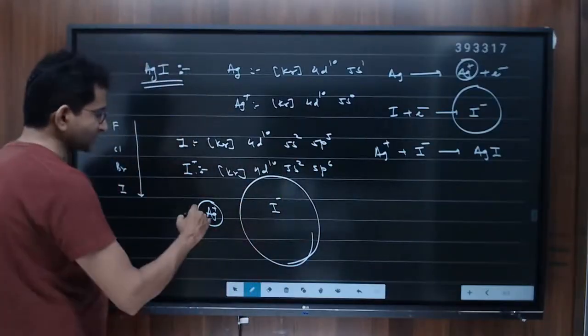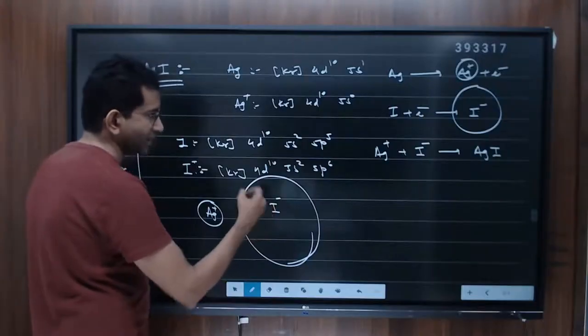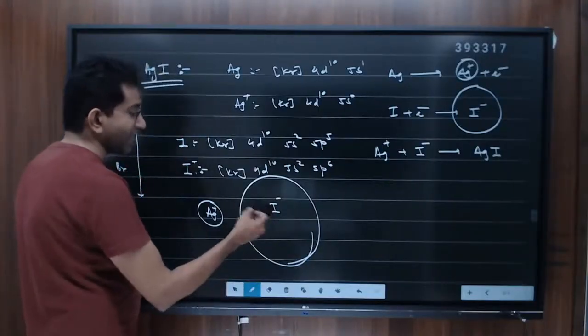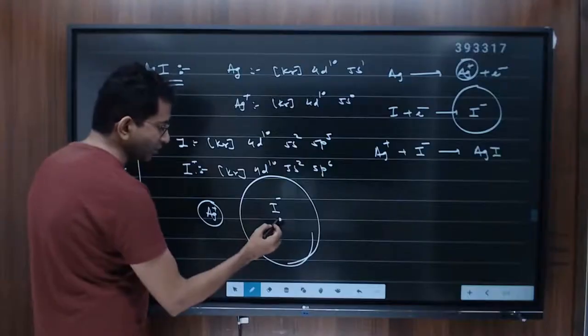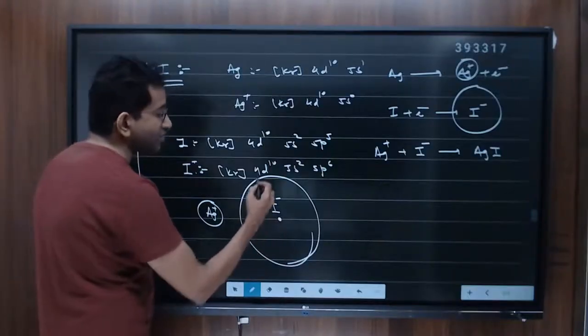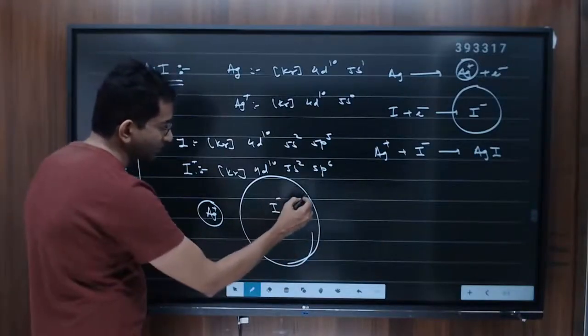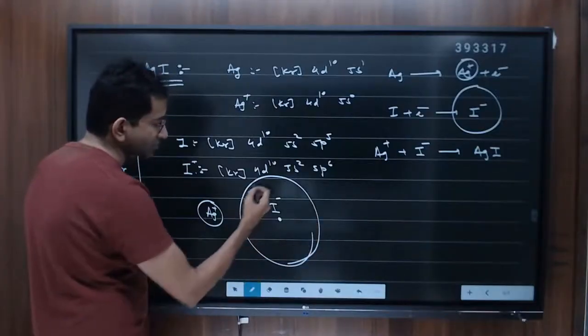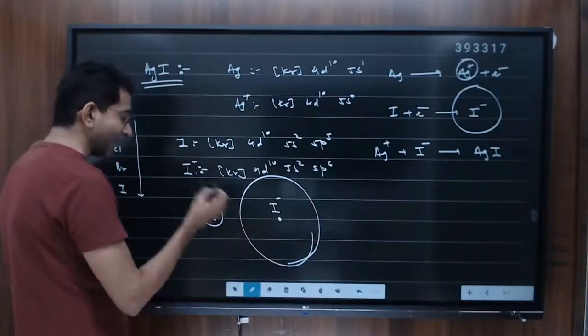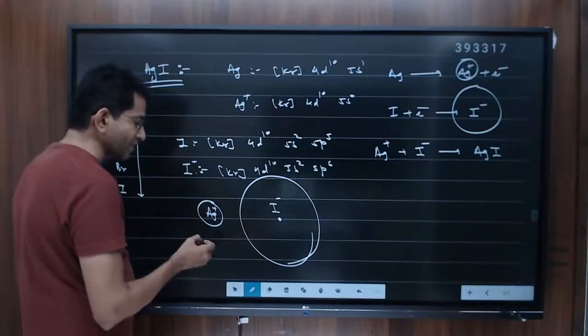Now what happens once the electron transfers to this iodine and it becomes I minus, size being very large? The nucleus of iodine is not that capable of pulling the outermost electron cloud sufficiently towards it. Ag plus being smaller in size, what happens?